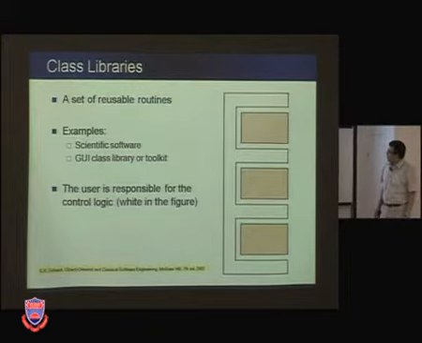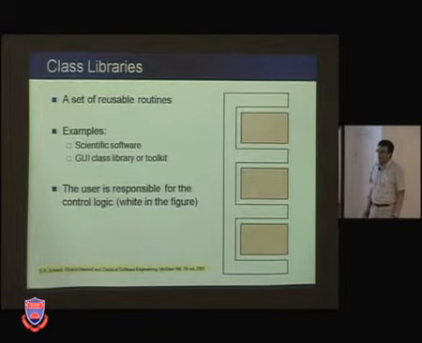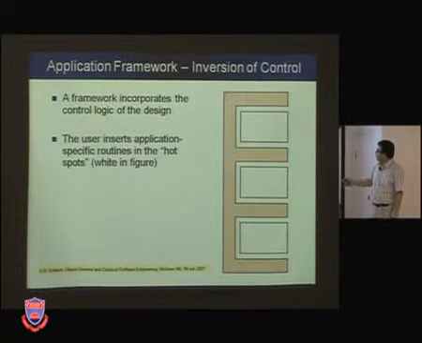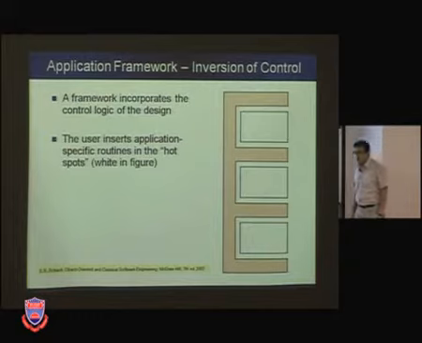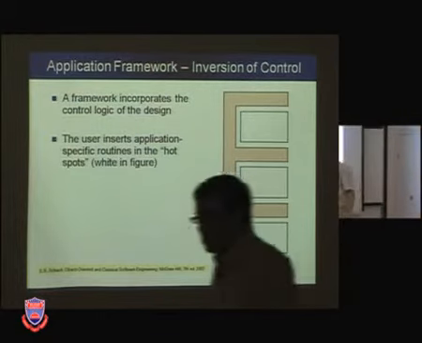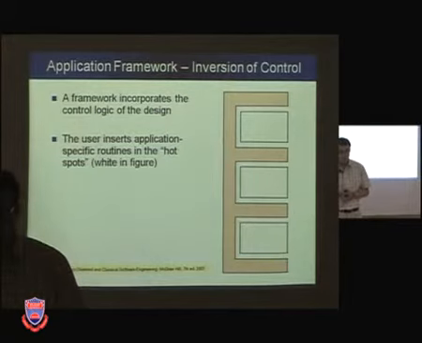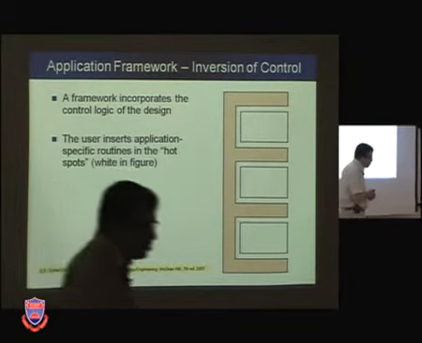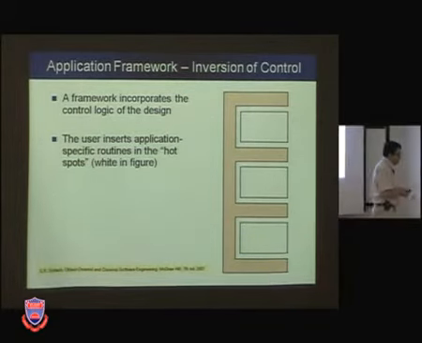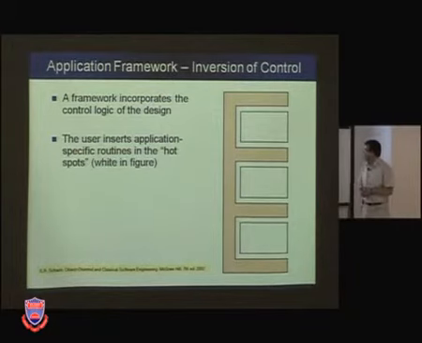If you look at application frameworks, the framework itself already defines the control logic. Okay? It's a framework about a transaction system. The whole control logic is in the framework. But what you have to do is specialize at some point, extend, adapt.